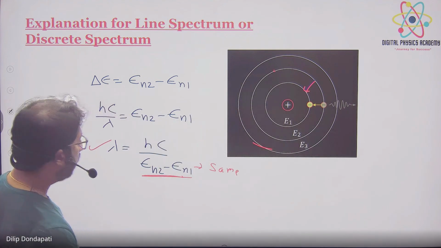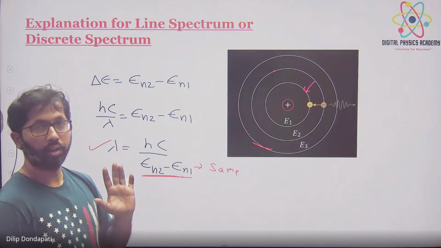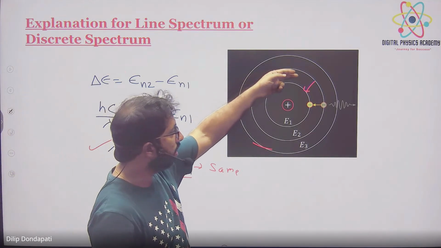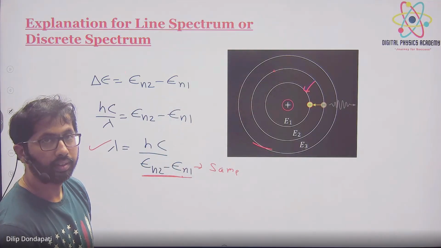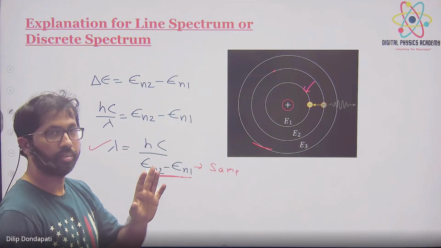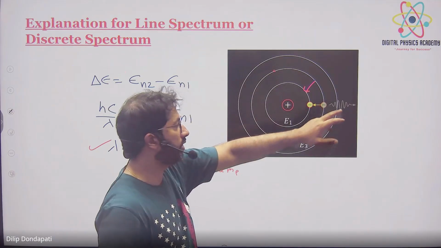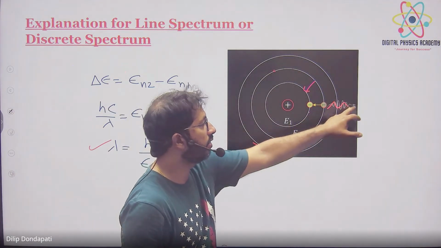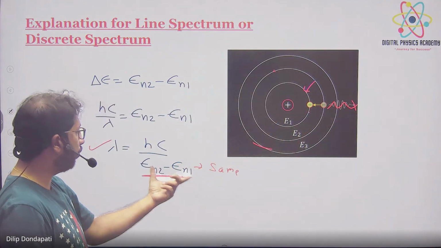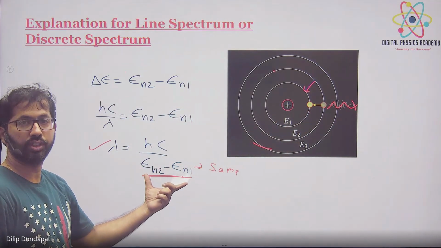Okay. So wavelengths here are only emitted when an electron de-excites from a higher energy to lower. While it's exciting, it does not emit radiation. Only while jumping from higher to lower will it emit the radiations. That wavelength is fixed because difference of energy level is fixed, particular orbits.